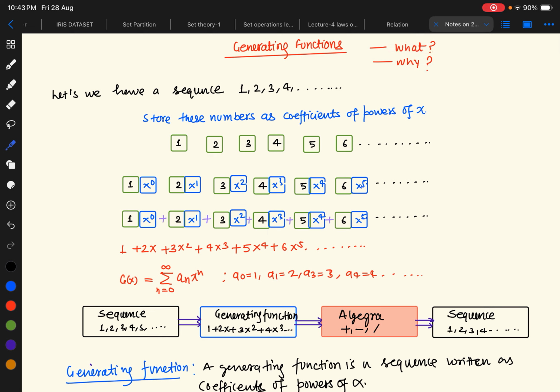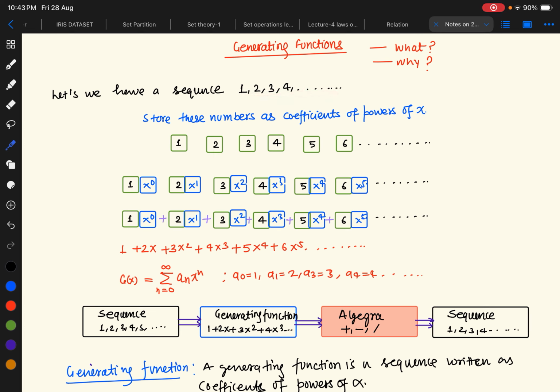So here we go. Suppose you have a sequence 1, 2, 3, 4. These are the terms of a sequence which are given to us, and our aim is to make a generating function of this sequence.